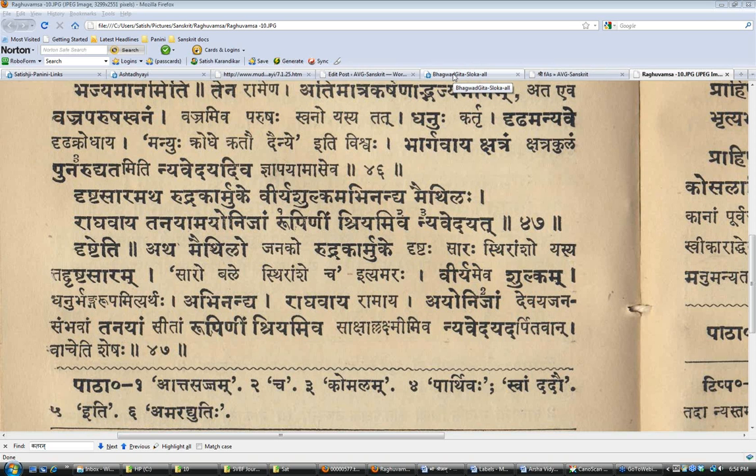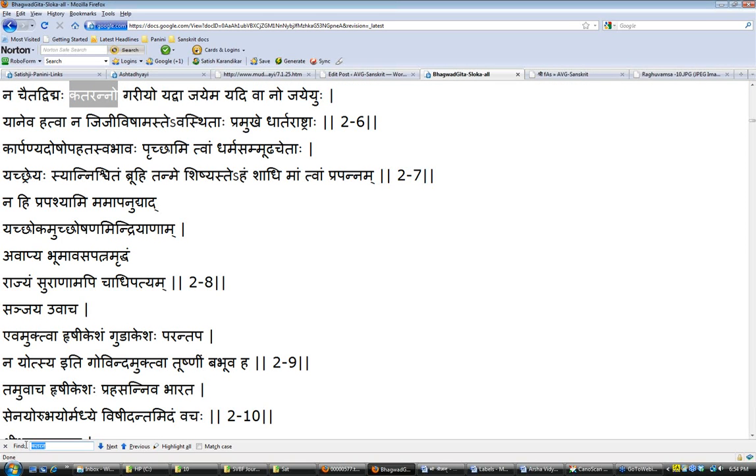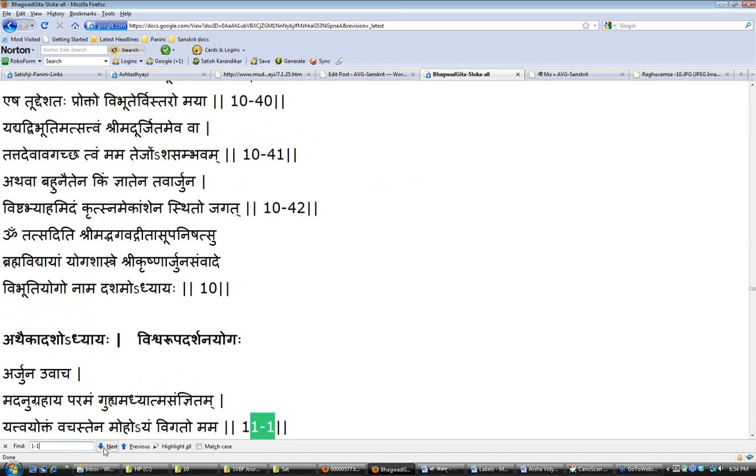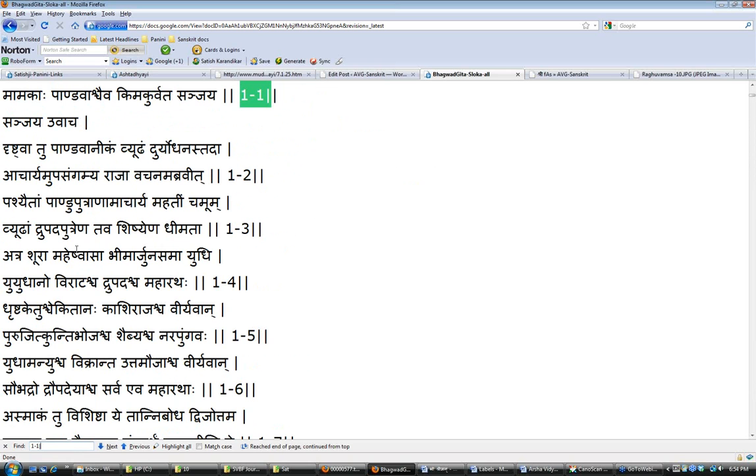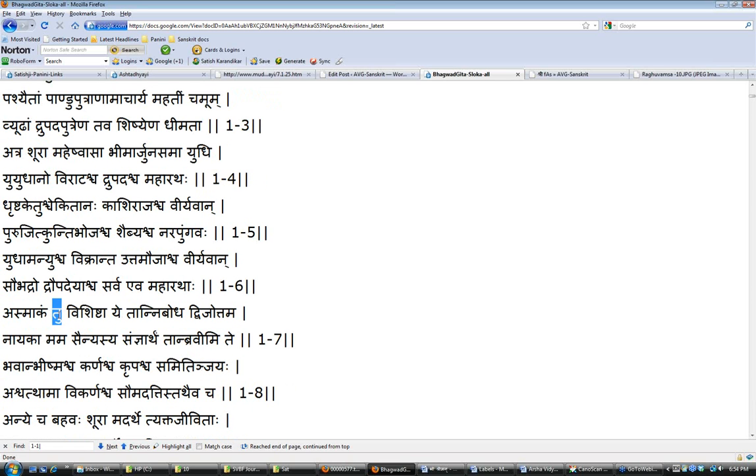For example, in the first chapter of the Gita, drishtva tu Pandavanikam vyuham Duryodhanas, the very second shloka, you can see the tu. The connecting word comes second. That's the style. Here too, asmakam tu vishishtaye.